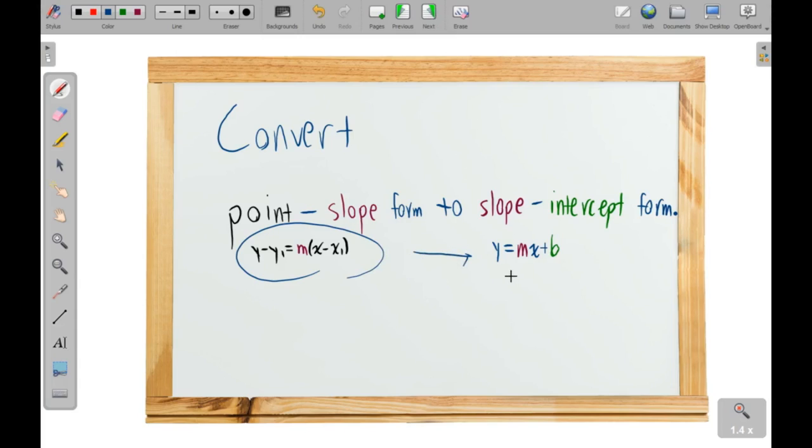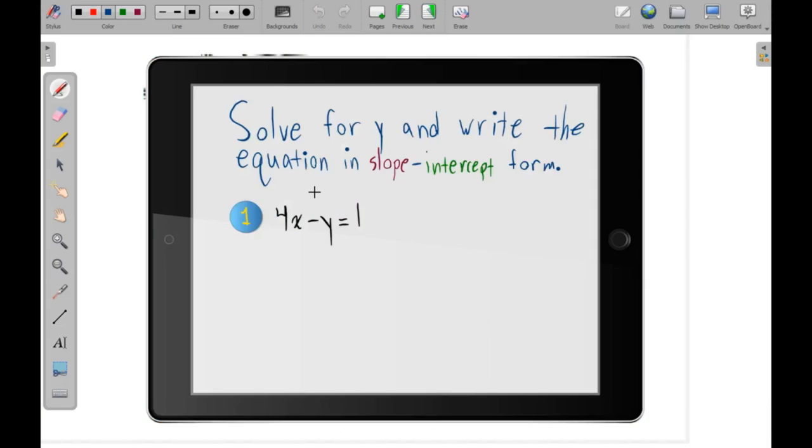Remember, slope intercept form is pretty awesome because it allows us to know what a graph looks like. If we have a positive m, we're going to have a rising line. A negative m gives us a falling line, and we can plug in an x value and get a y value really quickly. So we're going to solve for y and write the equation in slope-intercept form.